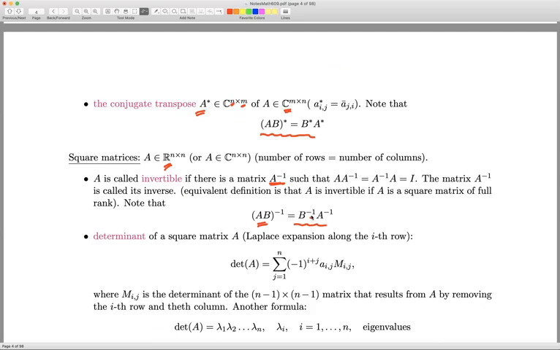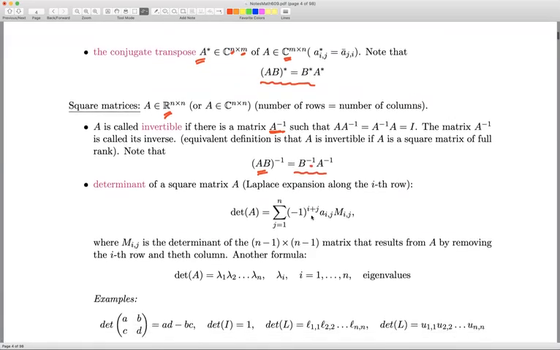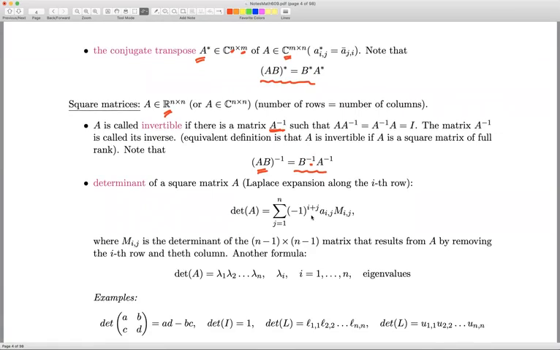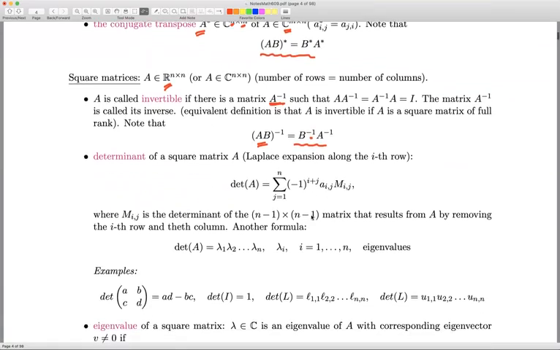Let me remind you that matrix multiplication is not commutative, so one has to be careful about the order in which one writes the matrices when they are multiplied by each other.